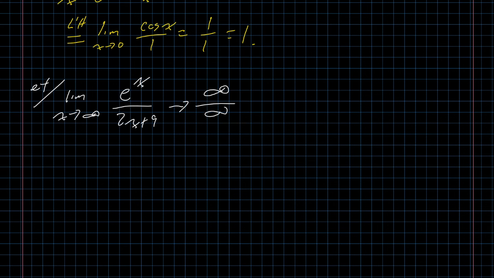So here we have an infinity over infinity indeterminate form instead of a 0 over 0, but L'Hopital's rule will still hold. So we want to set this equal by L'Hopital to the limit as x approaches infinity. The derivative of e to the x is e to the x. The derivative of 2x plus 9 is 2.